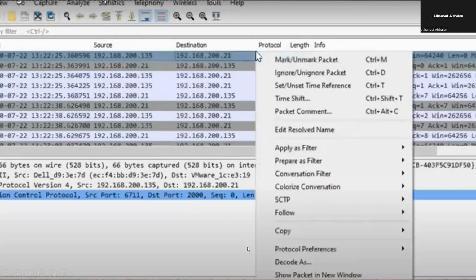So I really need to go, and there is an option here in my Wireshark called flow, and the flow will show you basically the TCP stream between two machines. So you see what kind of communication is happening between these two machines right now, and you can understand what kind of communication they have.